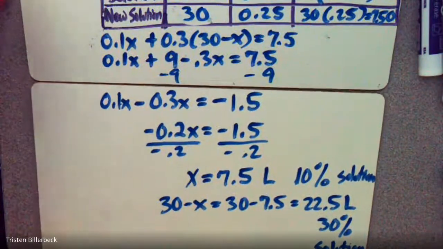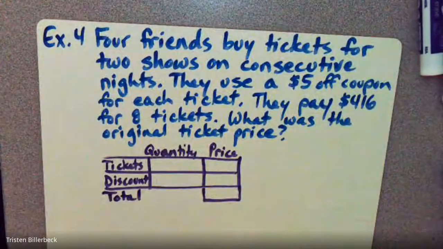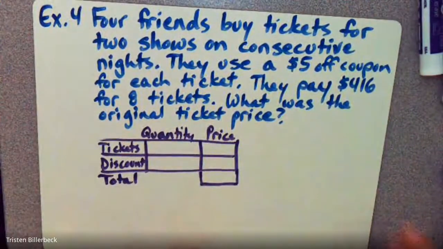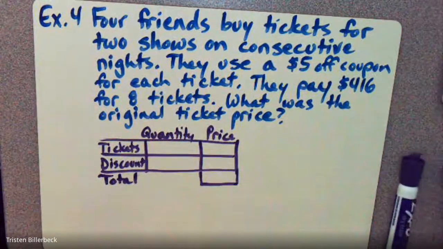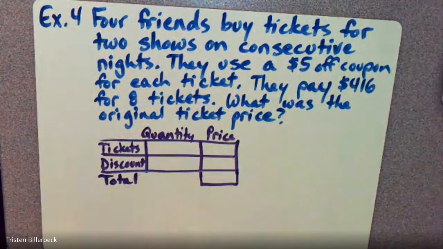Okay, so let's look at the next problem. Find a spot for these two. Okay, another favorite in algebra is buying tickets. So let's see how we're going to work this one out. So we have 4 friends and they buy tickets for 2 shows on consecutive nights. Okay, so 4 friends, 2 shows, that's 8 tickets.